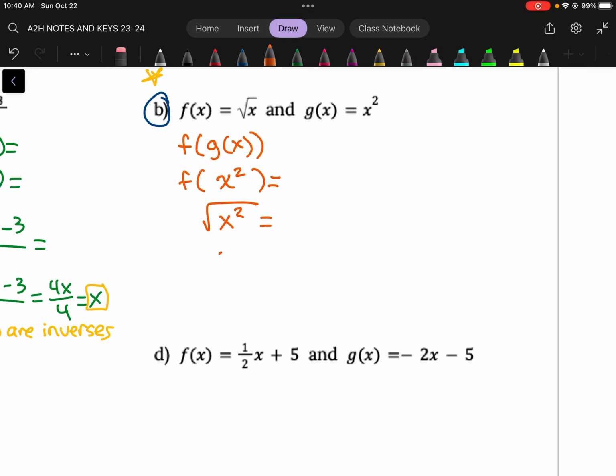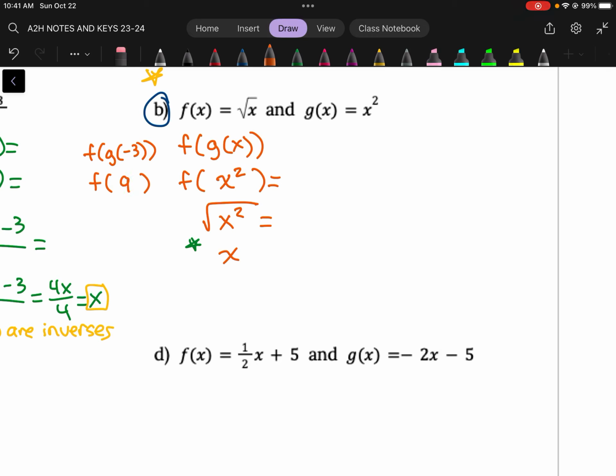It's very tempting to say, okay, the square root and the square just go away and you get x. But I want you to think about, what if we put in f of g of negative 3 for a second? Let's just take a number. If you did g of negative 3, you would get 9.